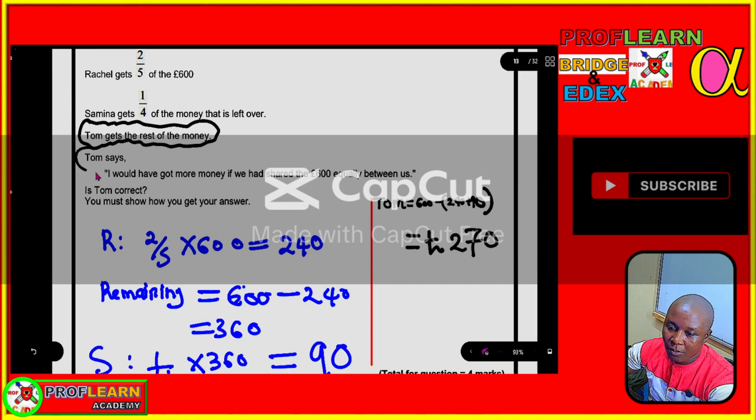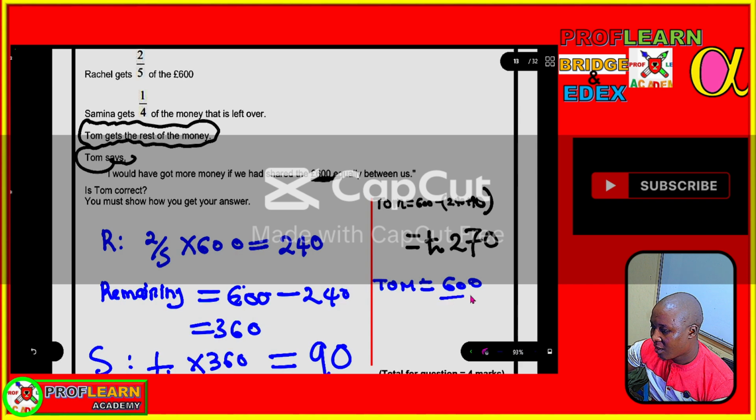Now Tom says, I will have got more money if we had shared 600 equally. So let's check what Tom could have gotten. If they could have shared equally, Tom could have gotten 600 divided by 3, and that is going to be what? 200.